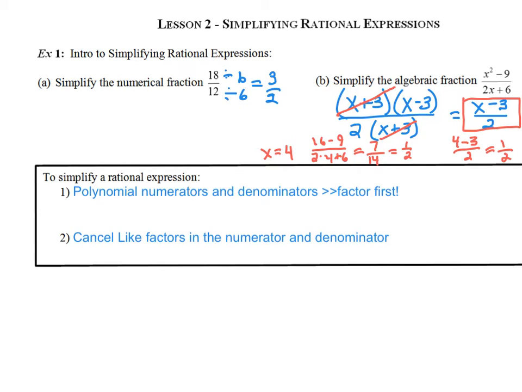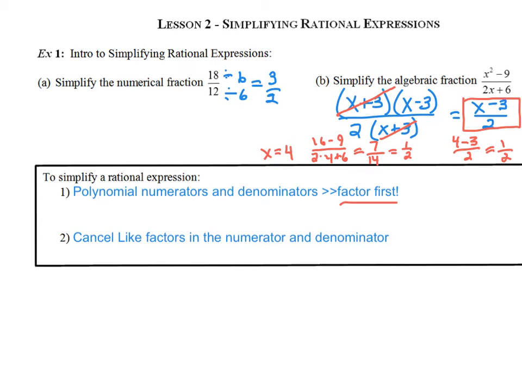Now, I'd like you to pause the video for a few minutes and copy down the instructions for the box. To simplify a rational expression, if my numerator and denominator have polynomials, then what I need to do is factor the polynomials first. We've had a lot of practice with factoring in this course, so that should be a good review for us.